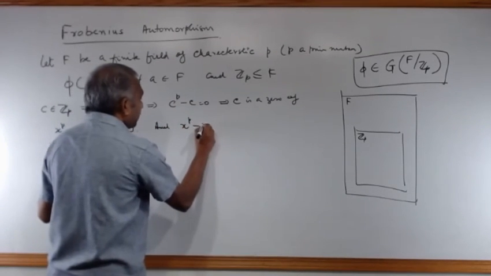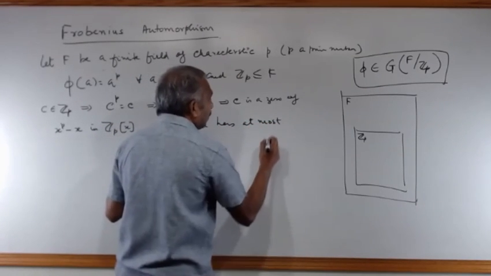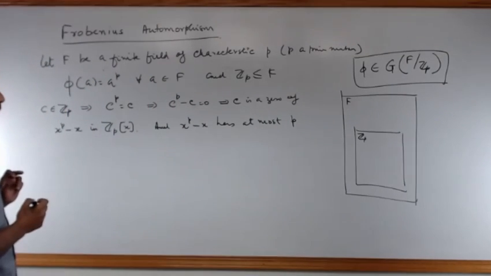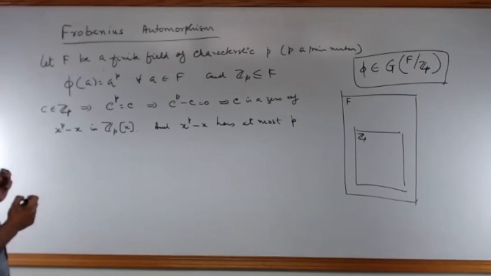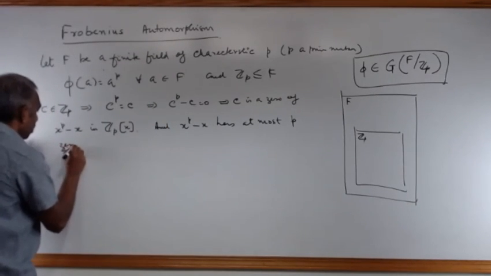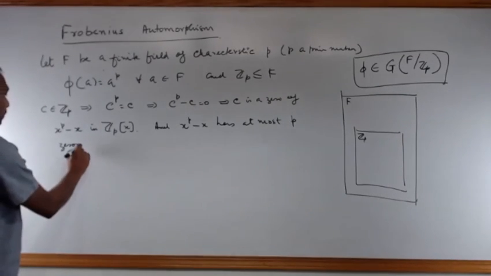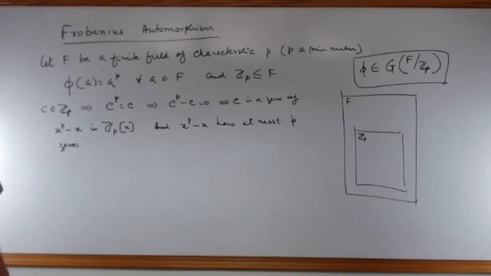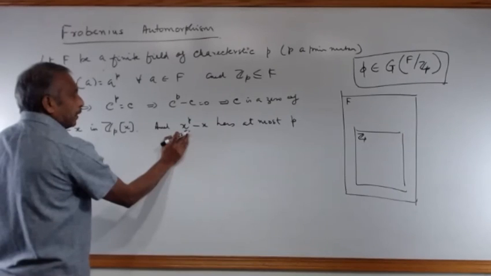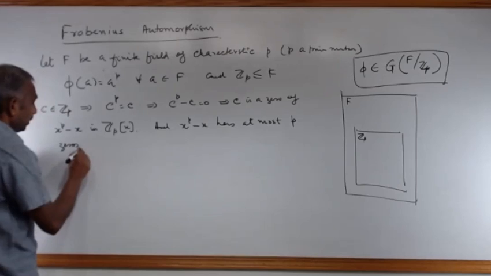x to the power of P minus x has at most P zeros, right? It cannot have more than P zeros. And how many elements are there in Z_P? P elements.